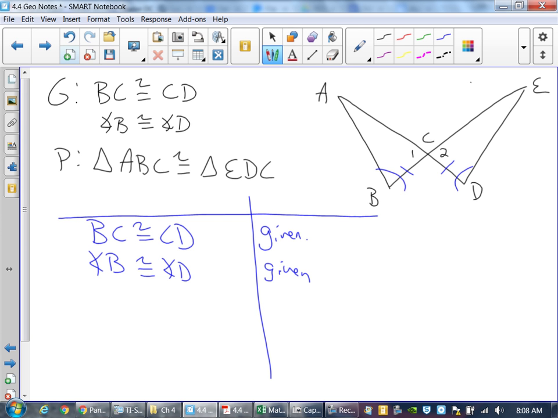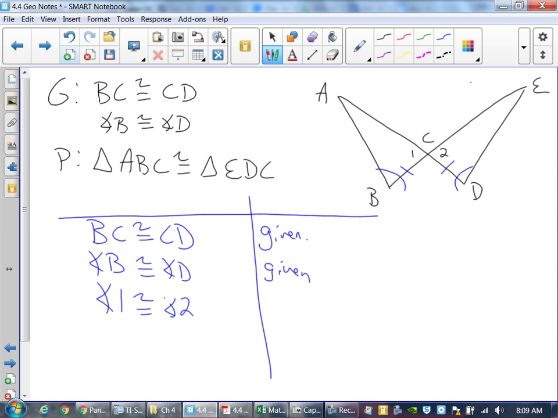So now, I just have to figure something else out. Looking at the diagram, what do you have? You have vertical angles. Which angles? 1 and 2. So we know that angle 1 is congruent to angle 2. And what's the reason? Vertical angles.